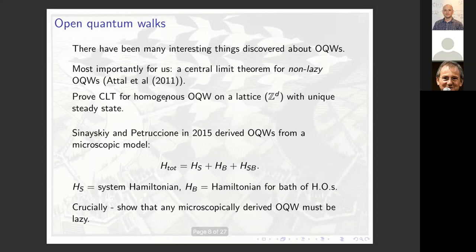Now, it should be said that there are many interesting things that can be discussed and that have been shown about these open quantum walks, and they can be found and read about in the nice papers by Ilya and Francesco. But most importantly for us in this talk, a central limit theorem has been proved for non-lazy open quantum walks.